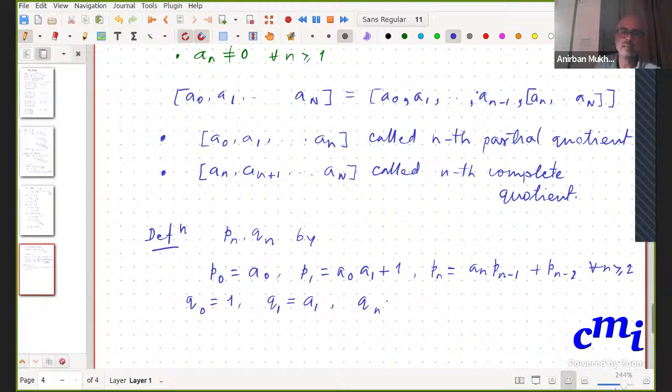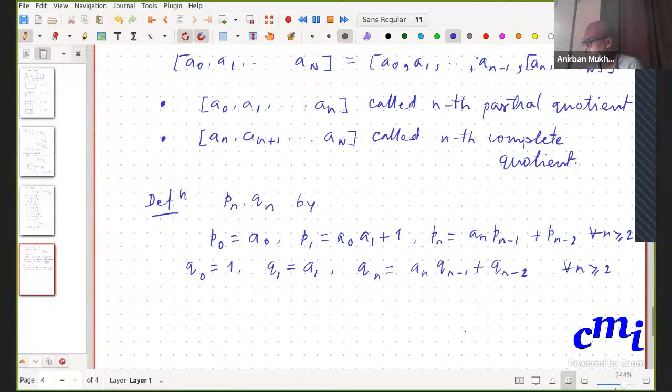And then Qn is the same recursion, An Qn minus 1 plus Qn minus 2 for all n greater than or equal to 2. Oh, one second.